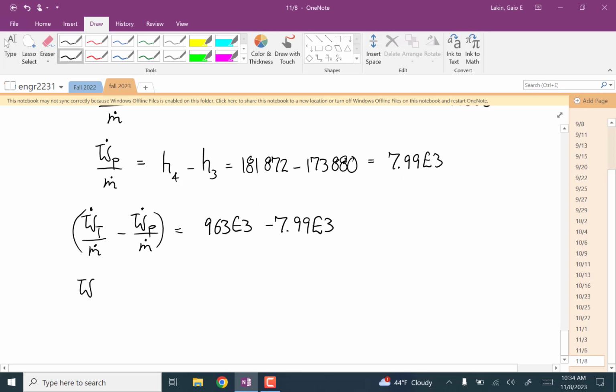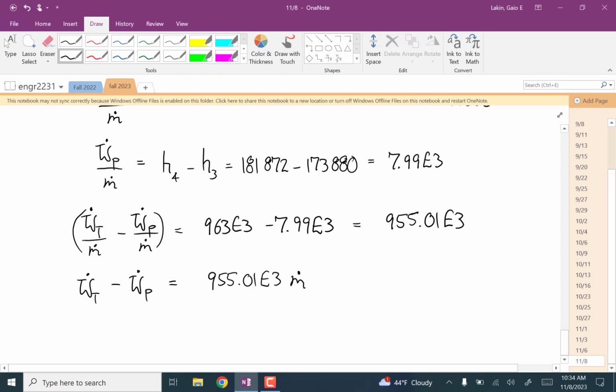And so WT dot minus WP dot, if you subtract these, you get 955.01 times 10 to the third times M dot.